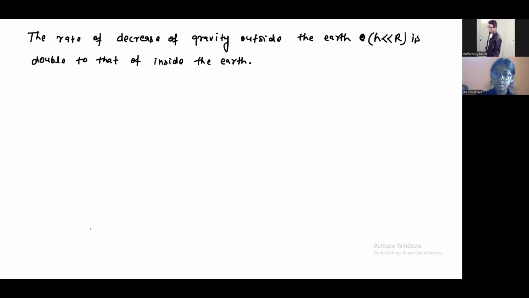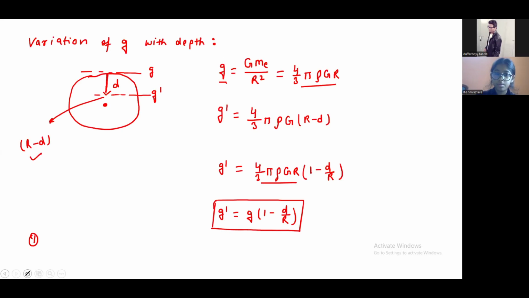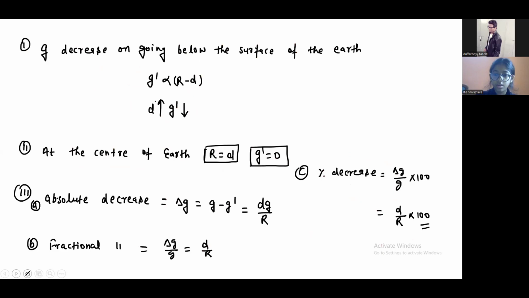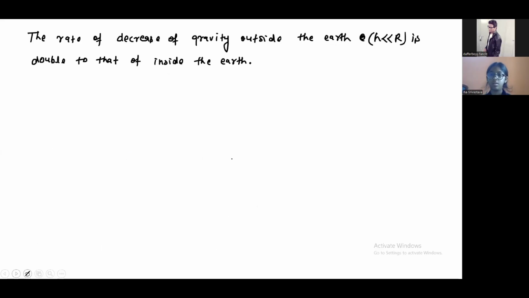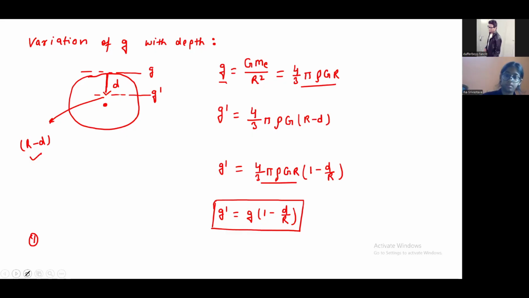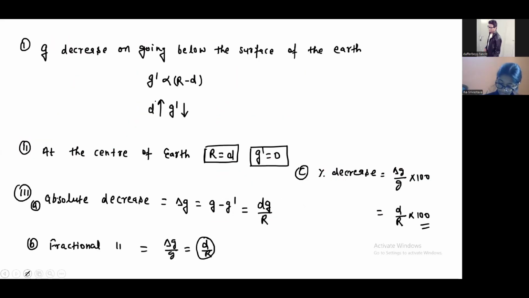Why am I telling you that point? Because we know that outside the earth the fractional change of g is 2h by R, but inside the earth the fractional change is d by R, so it is two times, that is, double. That's why we are taking this important point, because sometimes it comes in the exam. So write it down first and then I will move to the next point.